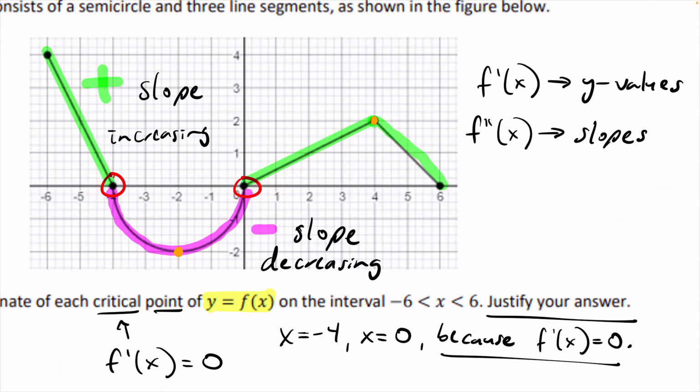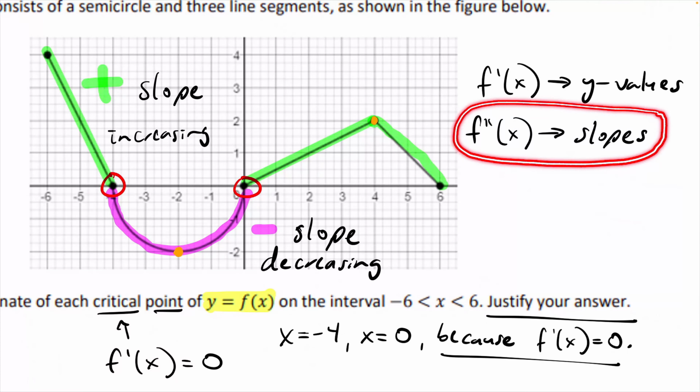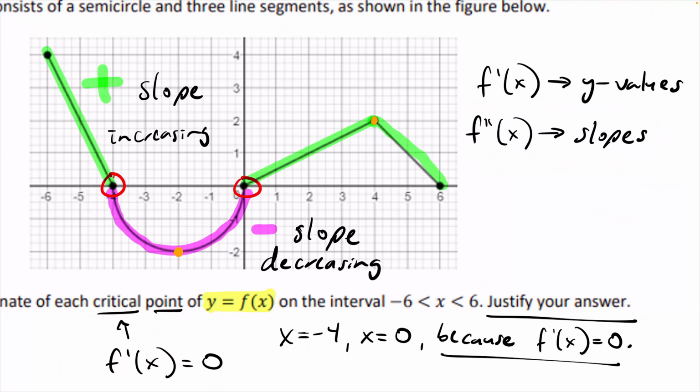We're looking for the second derivative to be positive, and if we're talking about second derivatives on this graph, we're referring to the slopes. So where are the slopes positive? Where are the slopes negative? At the beginning, positive slope, negative slope.